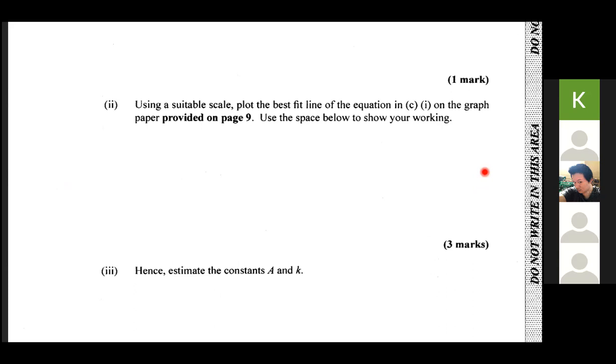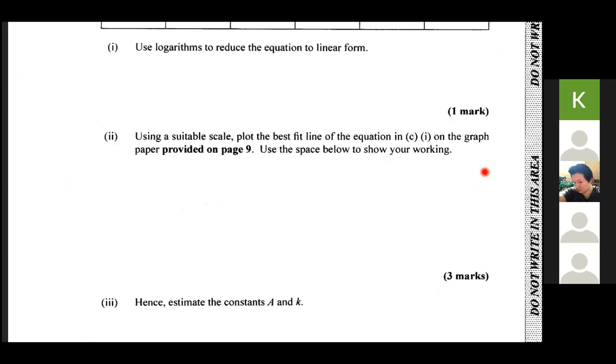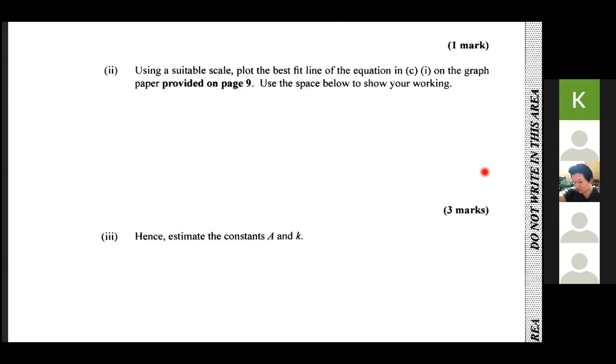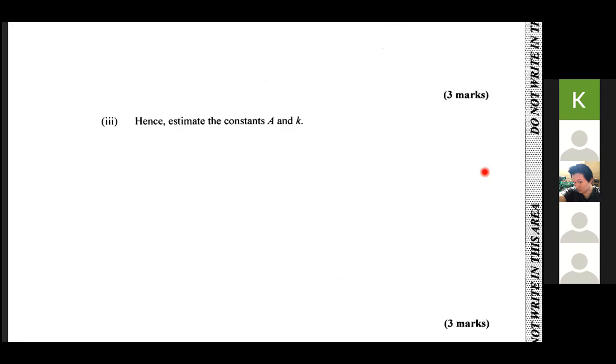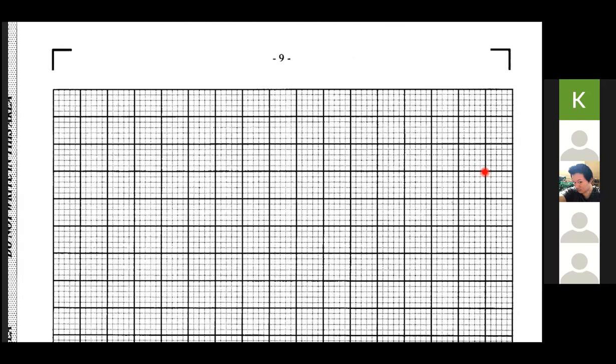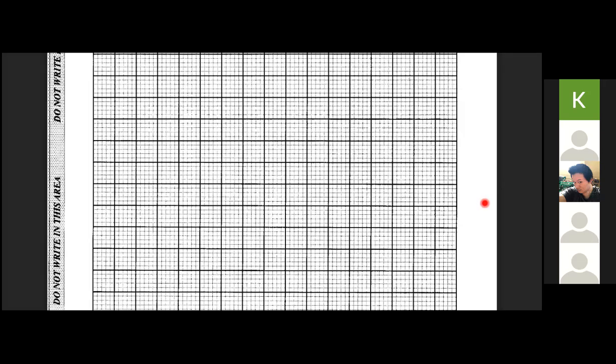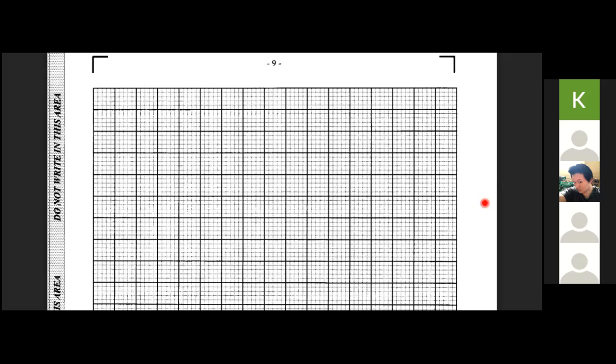What exactly do they mean by working? I'm plotting a graph. What are they talking about? Well, okay, let me just show you the graph page that they give you. So this is the graph page. This is your graph.